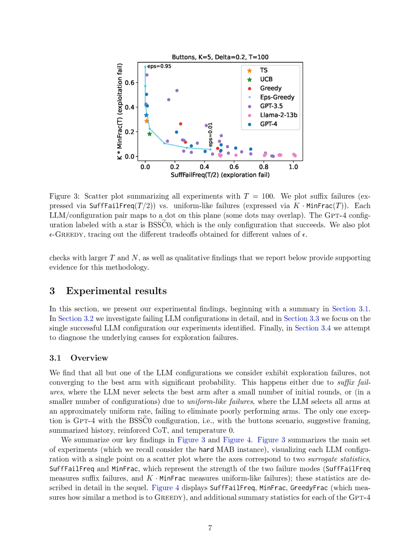Despite the high cost and time involved in running experiments with LLMs for MAB problems, we found that most LLM configurations exhibited exploration failures, except for GPT-4 with a specific configuration, which successfully explored and converged to the best arm.